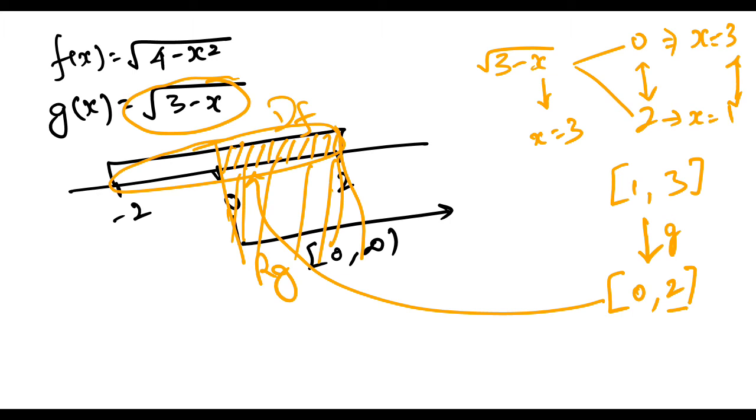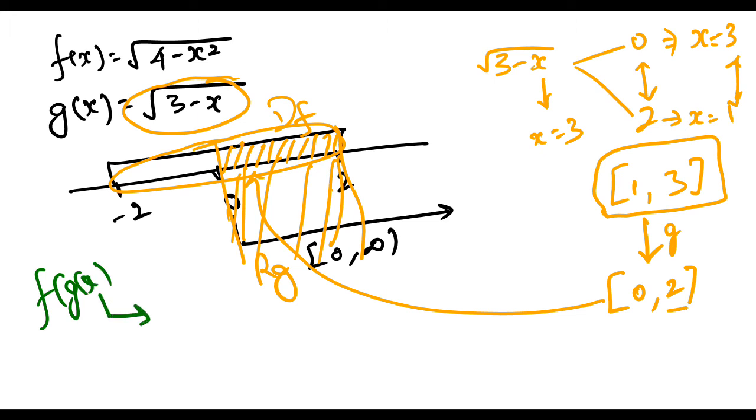If I don't restrict it to 1 comma 3, then I cannot do f of g of x, correct? So now this x cannot be anything from the domain of g, but it could be only between 1 and 3.